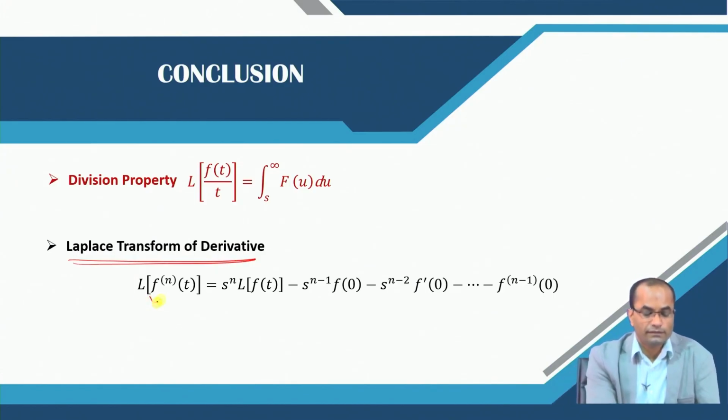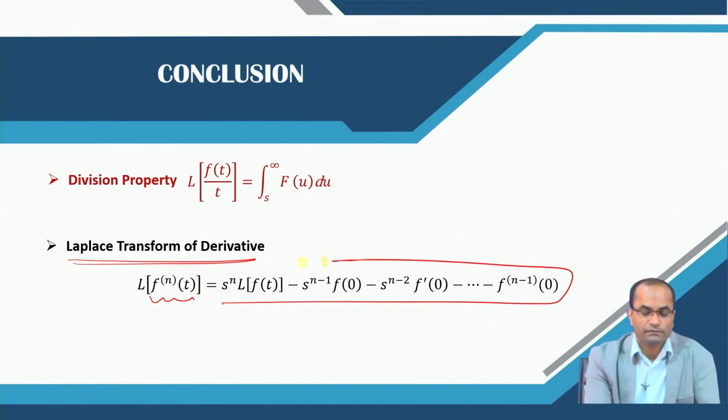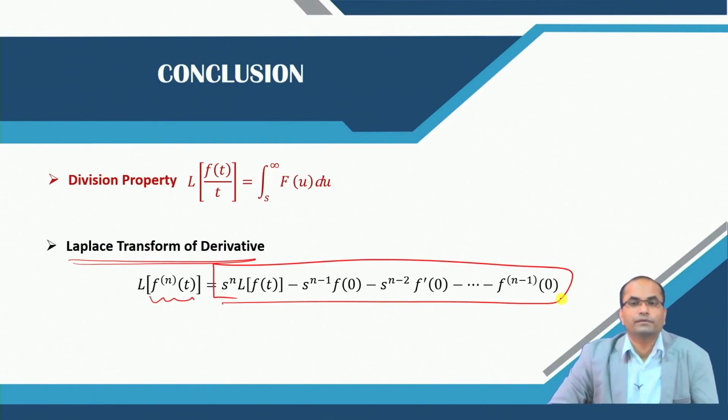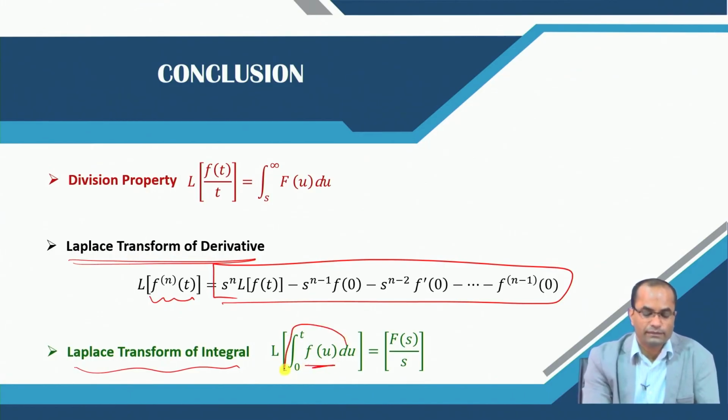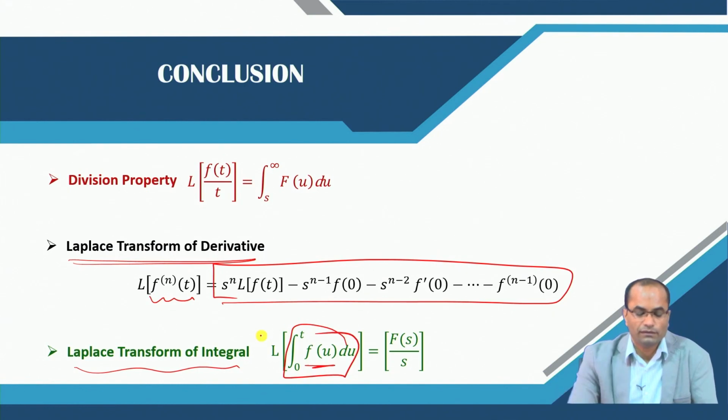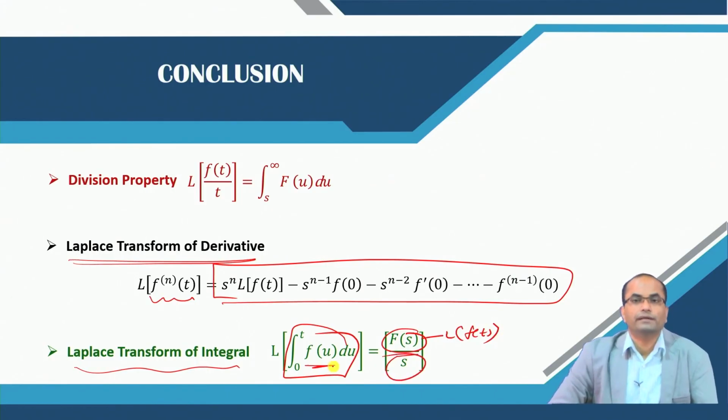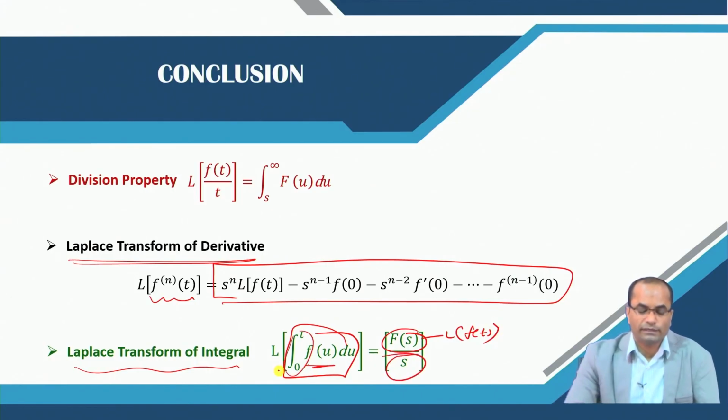So, we have the Laplace of the nth derivative of f, which can be computed with the help of this formula. And the Laplace of the integral, that means, if we have f t and we want to get the Laplace of its integral, then this is just f s, which is the Laplace transform of f t, and we have to divide by s to accommodate this integral.